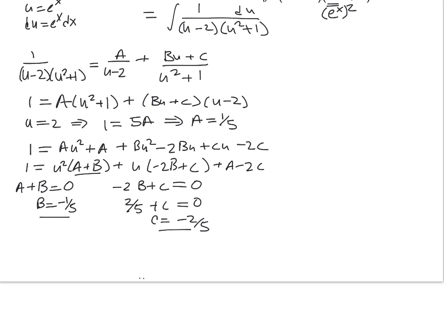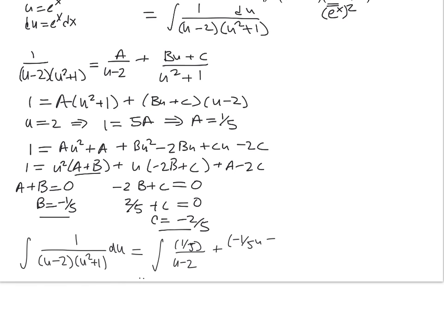All right, so now this integral of 1 over u minus 2 times u squared plus 1 du is equal to the integral of A over u minus 2, so 1/5 over u minus 2, plus negative 1/5 u minus 2/5 over u squared plus 1.